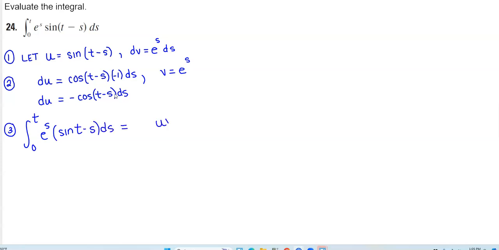And then we have u times v going from 0 to t minus the integral 0 to t v du. So we know that u is the sine of t minus s, and we're multiplying that by e to the s.